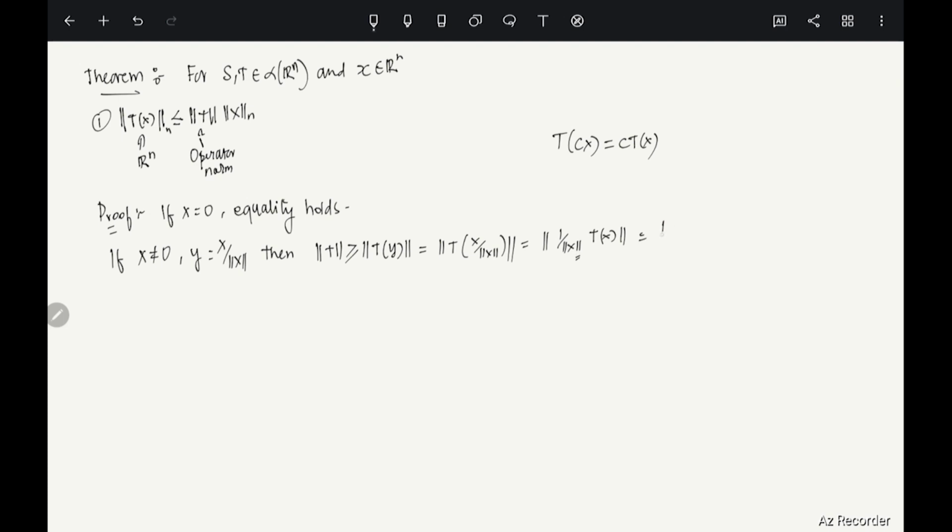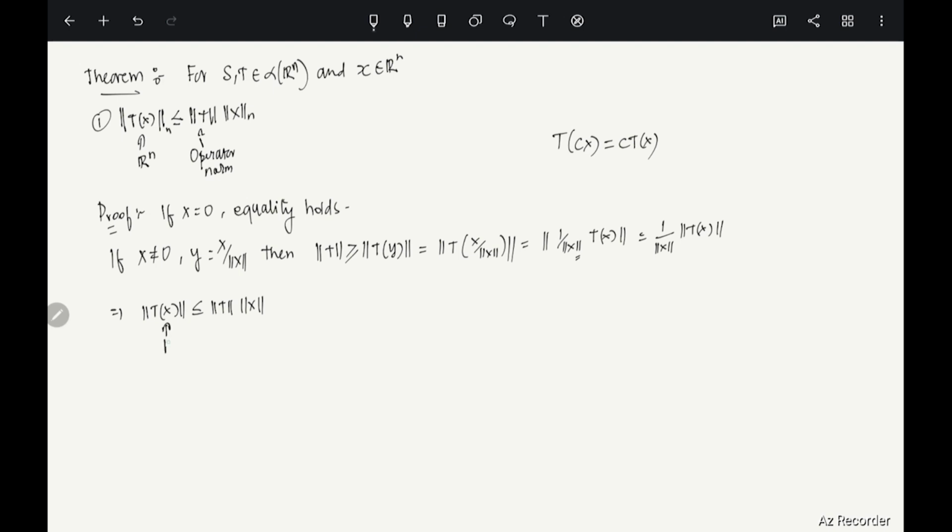This becomes 1 by norm of x times the norm of Tx. Putting it together, the norm of Tx is dominated by the norm of T times the norm of x.